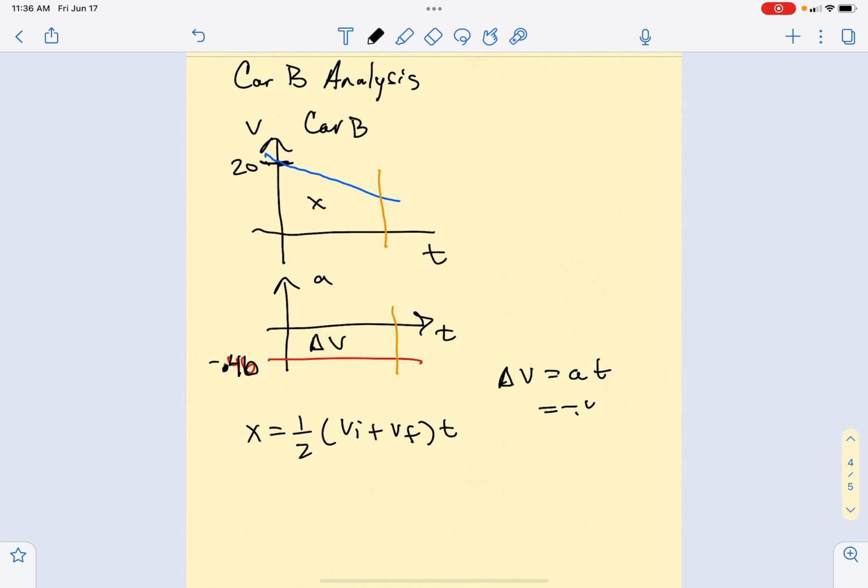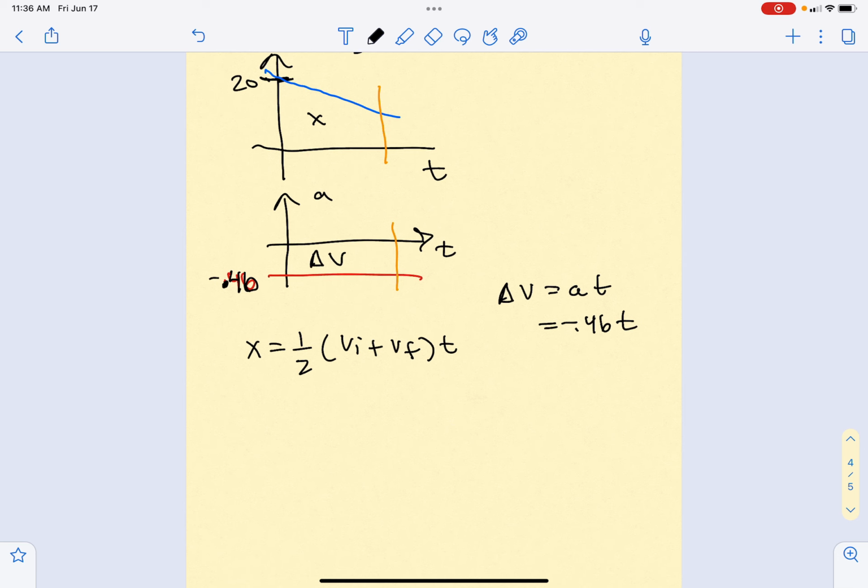So we get negative 0.46t. Once again, let's see where we are. So here we have x equals 1/2 bracket vi plus parentheses.